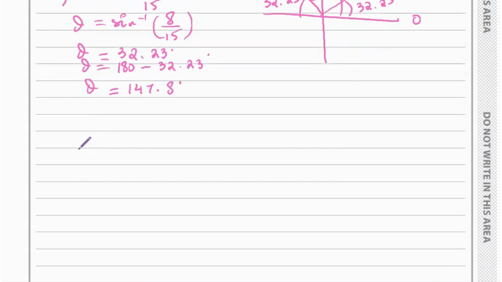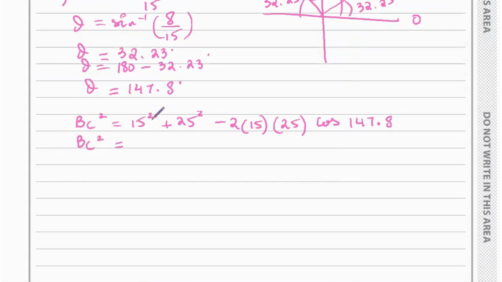So cosine rule is going to be BC squared equals 15 squared plus 25 squared minus 2 times 15 times 25 times cos of 147.8. That gives us a value of 1484.64.